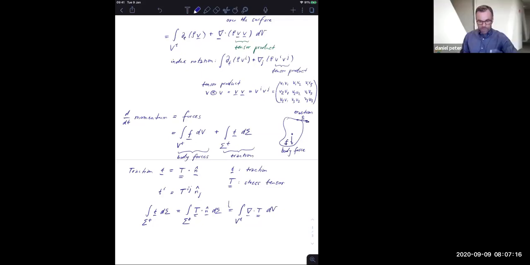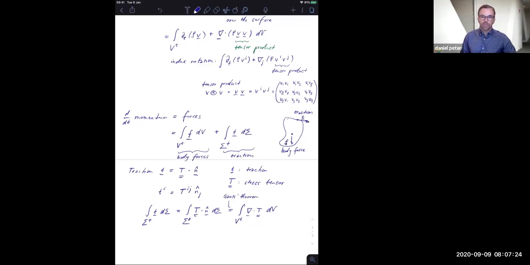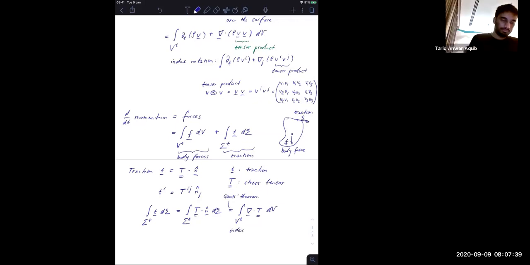So again, this one is due to Gauss theorem. Or if you want, it's also called the divergence theorem. So a little exercise for you. What would be the index notation of this volume integral?